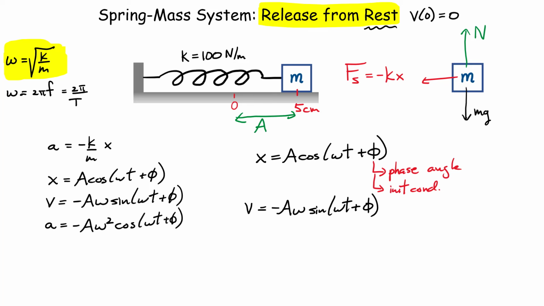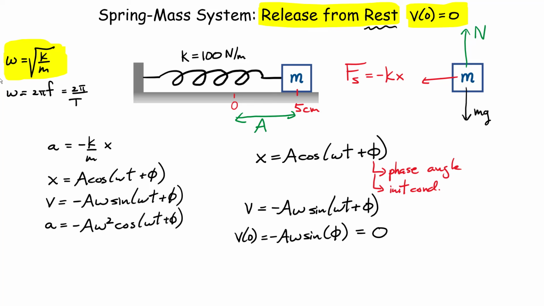But how do we satisfy the initial condition that the initial velocity is 0? What phase value do I need? Substitute at time equals 0. So we have v at 0. Minus A omega doesn't change. We have sine; the first term goes to 0, but I'm still left with this phase angle. And I know that I want that initial velocity to be 0.